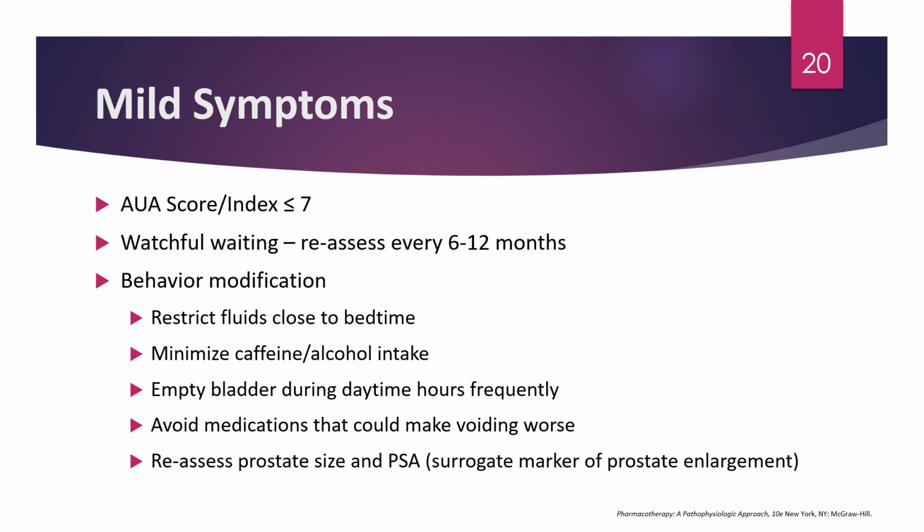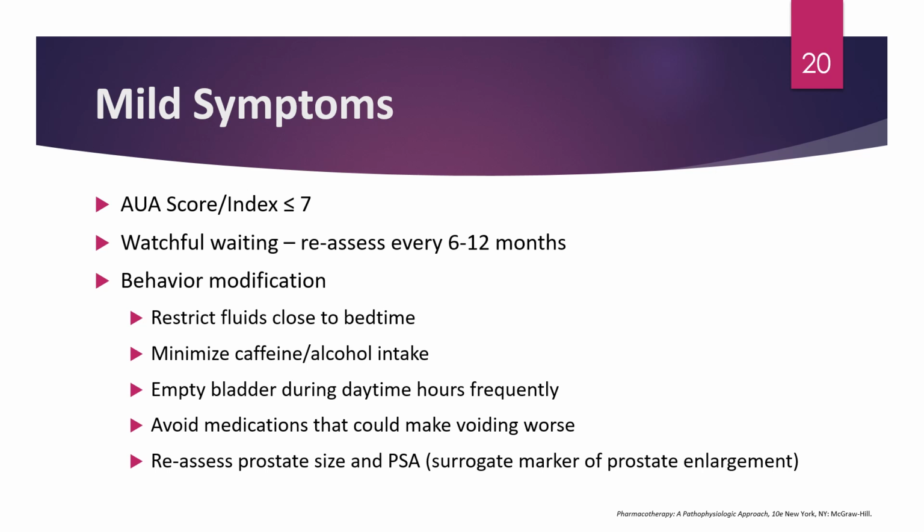Avoid medications that can make voiding worse. So obviously we know that there are a lot of medications out there, particularly those anticholinergic medications, which may potentially worsen some particular symptoms of BPH, particularly if we already have a full bladder.